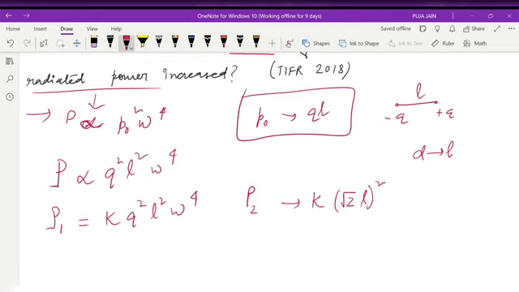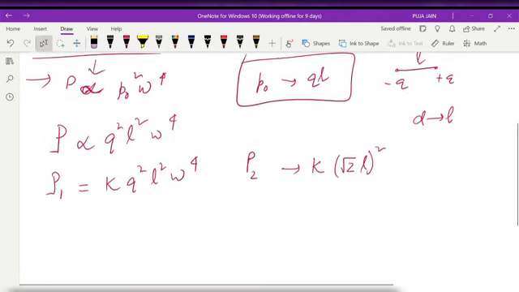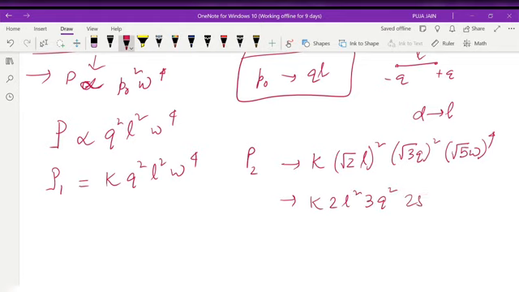Now charge is increased to root 3 Q and frequency is increased to root 5 omega, to the power 4. So K times 2 L square, 3 Q square, and 25 omega to the power 4. So we are getting K Q square omega to the power 4, L square is also there, and 2 into 3 is 6, 6 into 25, that is 150.